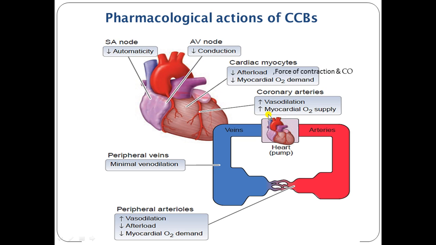On coronary artery, it causes increased vasodilatation and increased myocardial oxygen supply. It mainly acts on the arterioles and produces vasodilatation, decrease in the afterload, and decreased myocardial oxygen demand by causing vasodilatation of arteries. And peripheral veins also get dilated, but that is minimal action. So it is mainly having actions on the heart as well as on the arterial system.